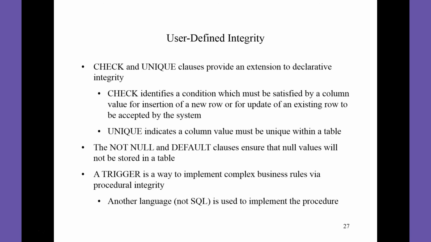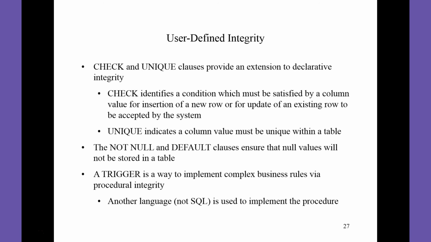Additionally, we can talk about procedural integrity. A database trigger provides a way to implement far more complex business rules than something like a check constraint could implement. Typically, the triggers are written in another language other than SQL. Oracle uses a language called PL/SQL.